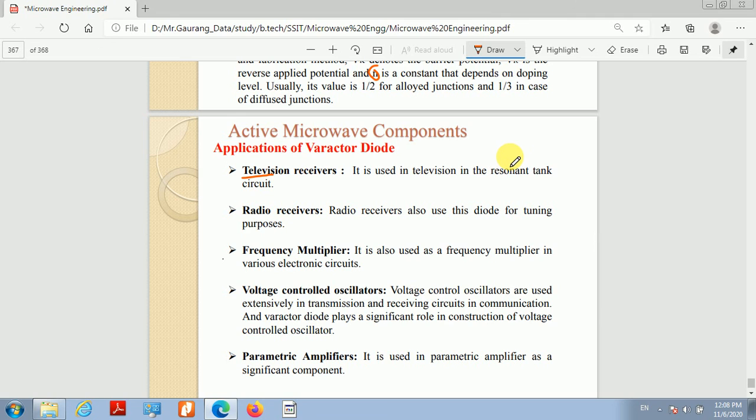It is also used in parametric amplifier as a significant component. We will discuss this parametric amplifier in this course. At that time it would be clear how this Varactor diode is used as a significant component in parametric amplifier.